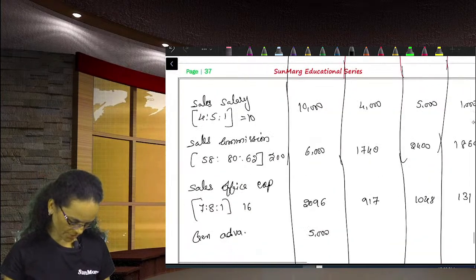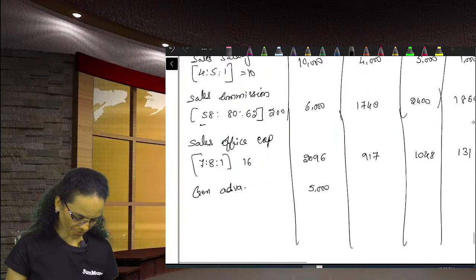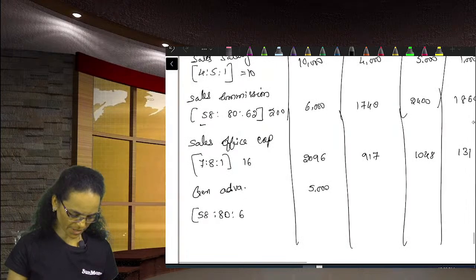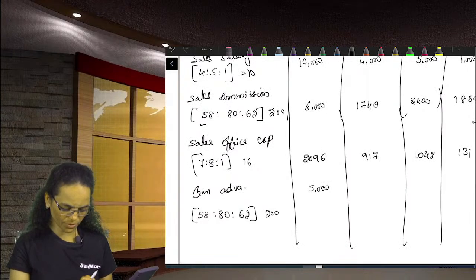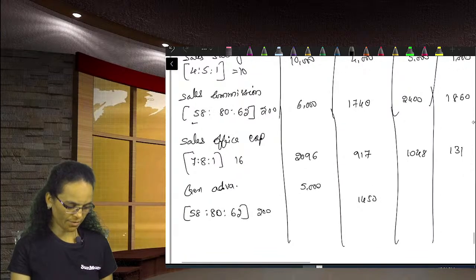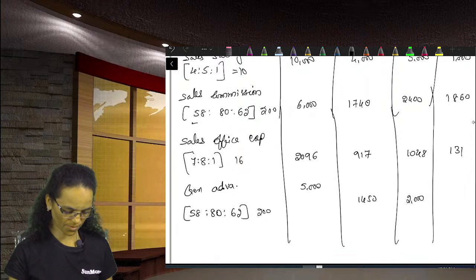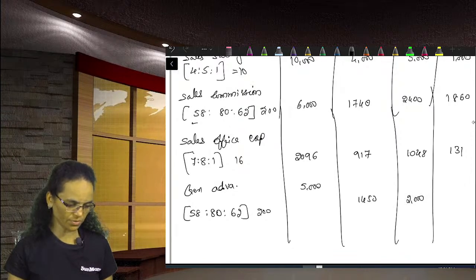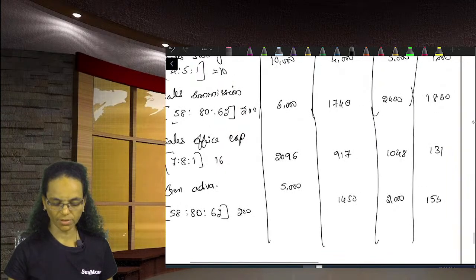Turnover we have seen just now here, 58, 80 and 62. This total is 200. 58 divided by 200 into 5,000, that is 1450. Divided by 58 into 80 is 2000. Divided by 80 into 62 is 1550.